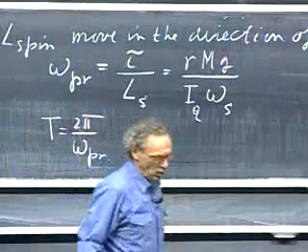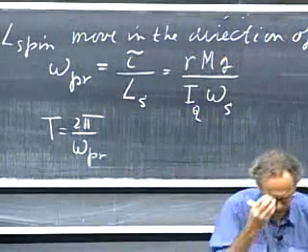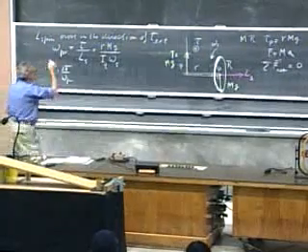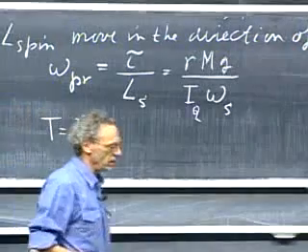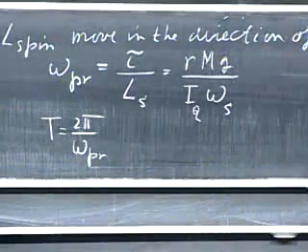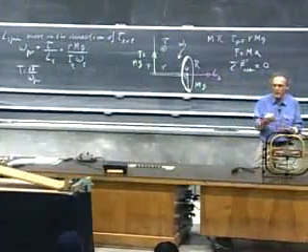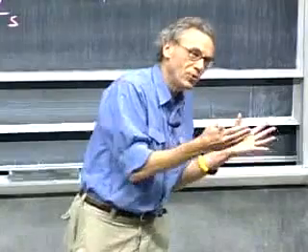Let's take a look at that equation and see whether that intuitively makes sense. First of all, if you increase the torque, the upstairs, then it says that the precession frequency will increase. That makes sense to me, because the torque is persuading the angular momentum to follow it. So the torque is persuading the spin angular momentum to change.